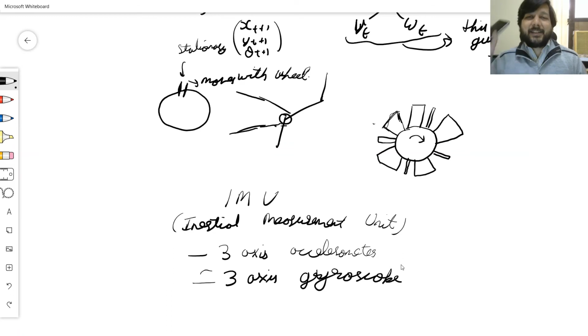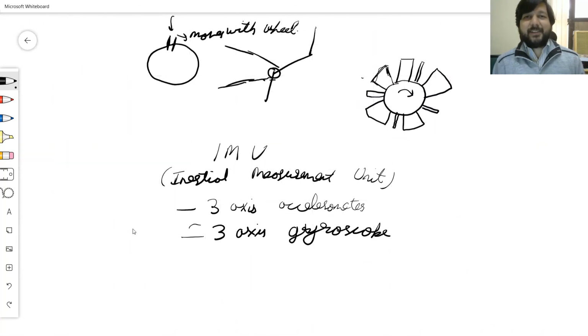And as soon as I turn, the ball would like to conserve the angular momentum as per the physics principles, and therefore the ball inside will turn in the other direction. And that's the thing that I'll physically measure and report as the angular speed at the 3 axes. So I know acceleration across the 3 axes, I know the angular speed across 3 axes.